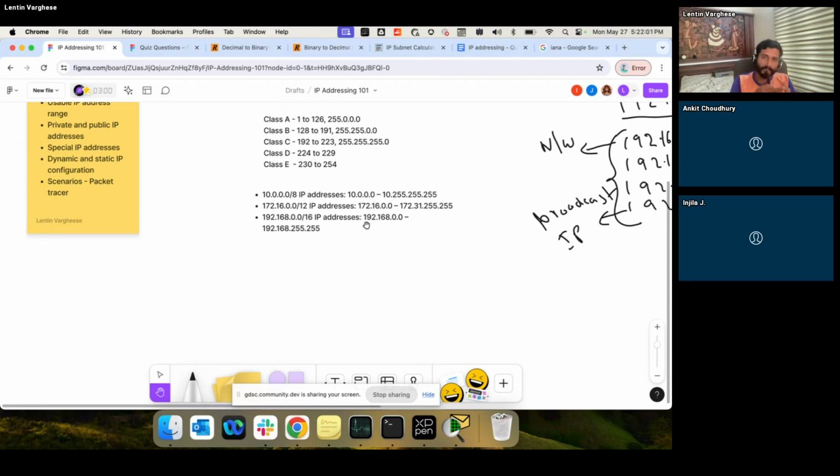It will change the private IP address to its public IP address, and then it will send that communication to the internet. And when the communication comes back, it'll hit the router. The router will change that public IP address to the private IP address from where it came, and then it'll send it back. Now, this process, what I explained, is called NAT or network address translation.